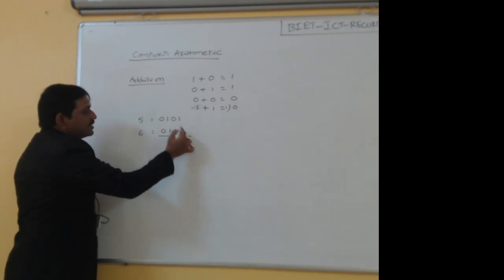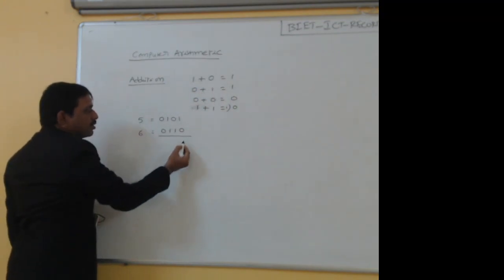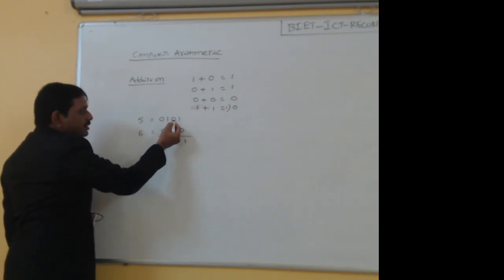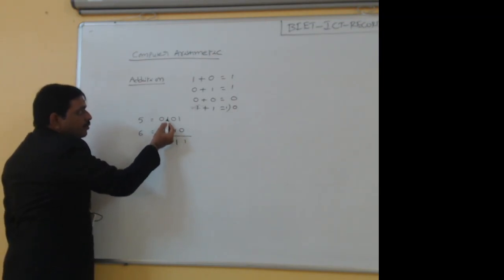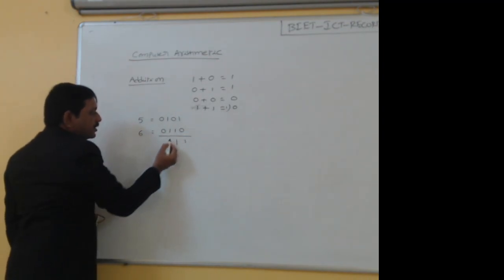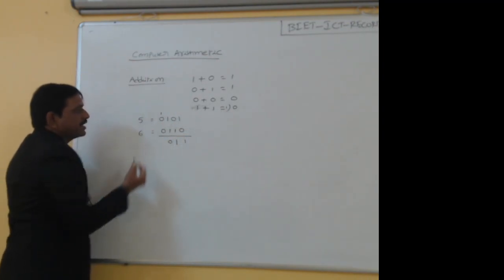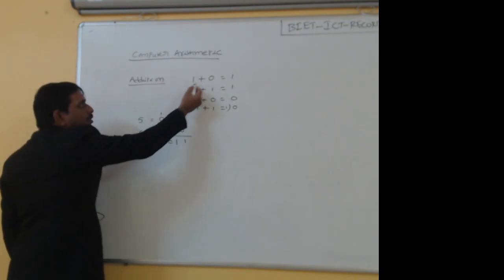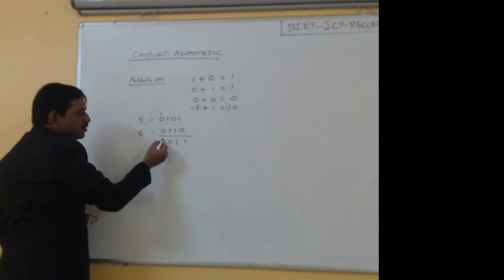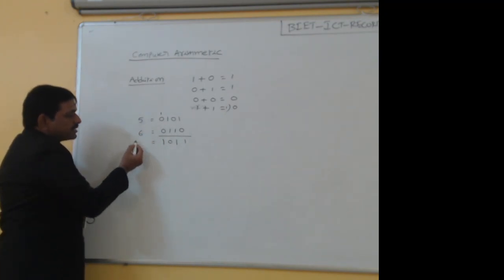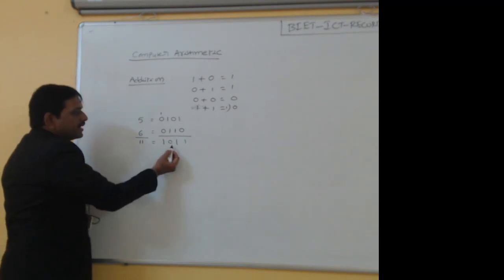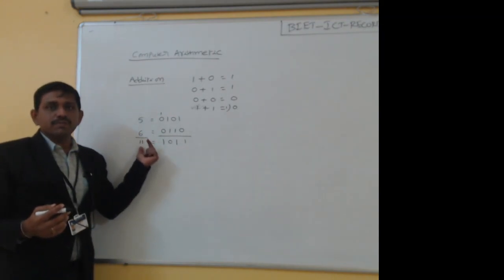By adding these two numbers, 1 plus 0 is 1, 0 plus 1 is 1, 1 plus 1 is 0 and the carry is forwarded here, then 1 plus 0 is 1, again 1 plus 0 is 1. Then this value is equivalent to 5 plus 6, which is 11. In binary, this value is equivalent to 11. This is addition of two numbers.